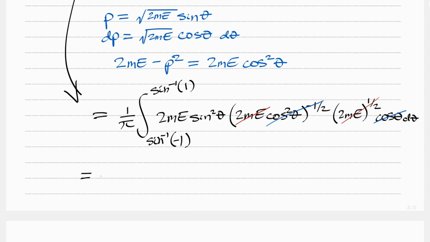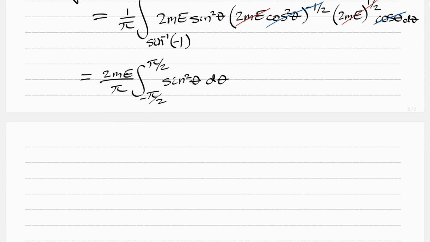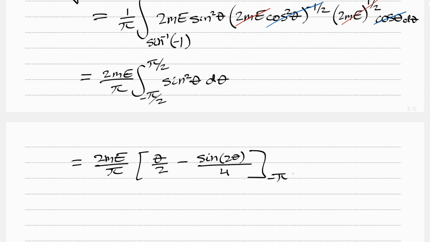So this is equal to 2mE over pi. Inverse sine of minus 1 is minus pi over 2. Then we go to positive pi over 2. Sine squared theta d theta. Sine squared theta is obviously a well-known integral. And so that is just equal to 2mE over pi times theta over 2, I believe. Yeah, theta over 2 minus sine of 2 theta over 4 at the limits.